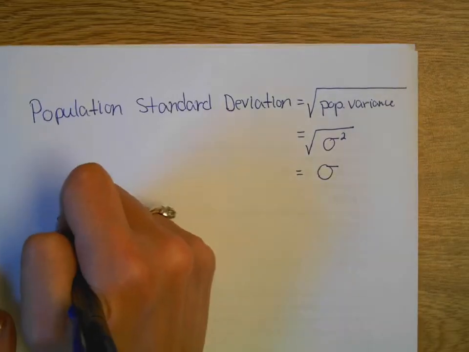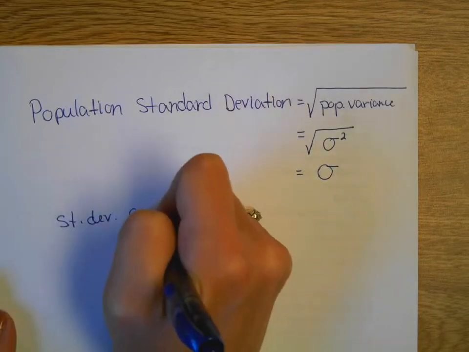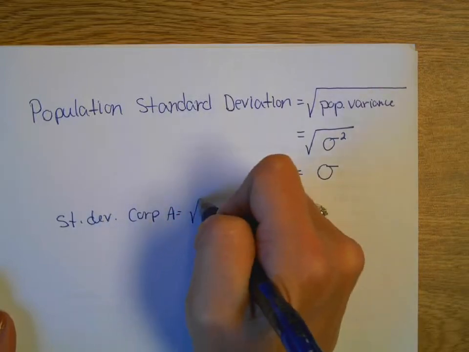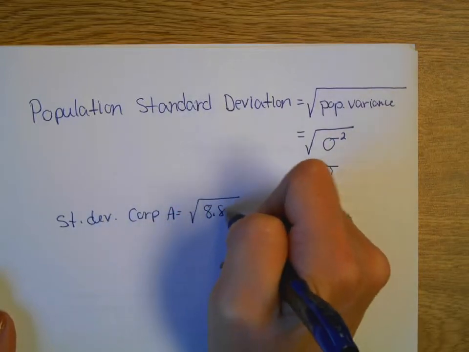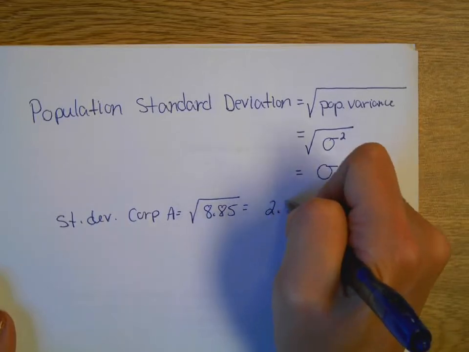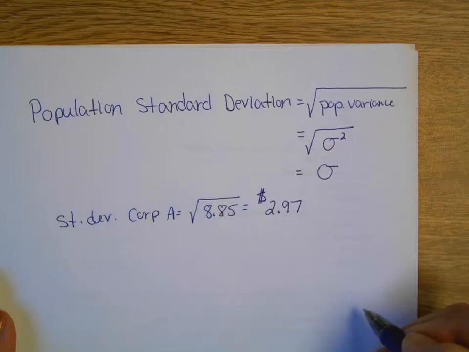So the standard deviation for Corporation A would be the square root of 8.85, $2.97 thousands of dollars.